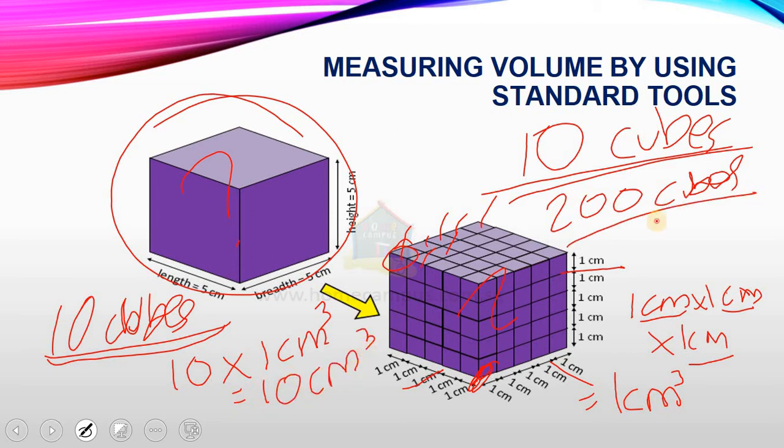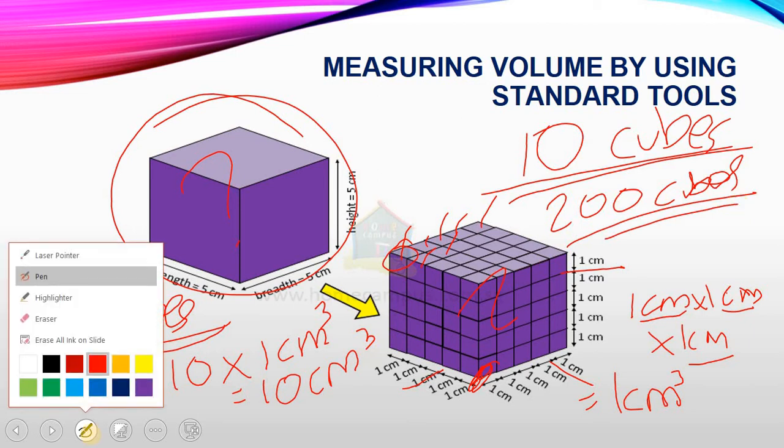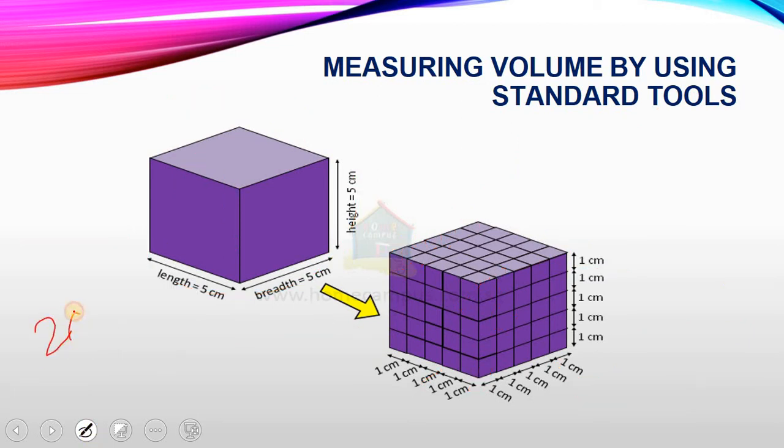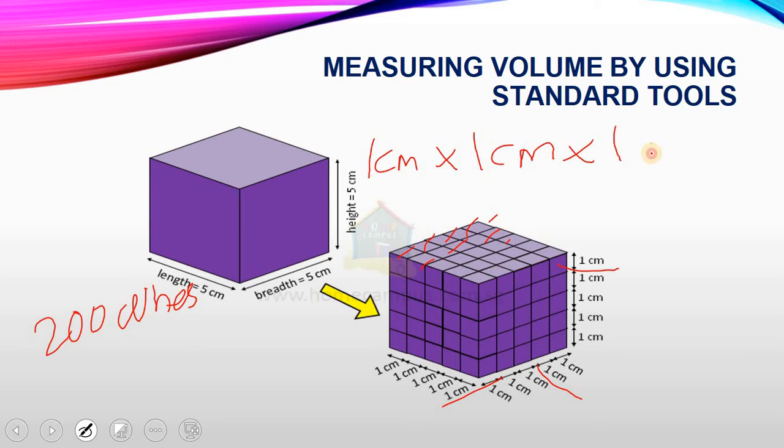Contohnya kalau you ada 200 cubes, then tulislah sini 200 cubes. Contohnya kalau you kira di small boxes ada 200. So kita tahu sini 1 cm times 1 cm times 1 cm. So kita ada 1 cm darab 1 cm darab 1 cm.